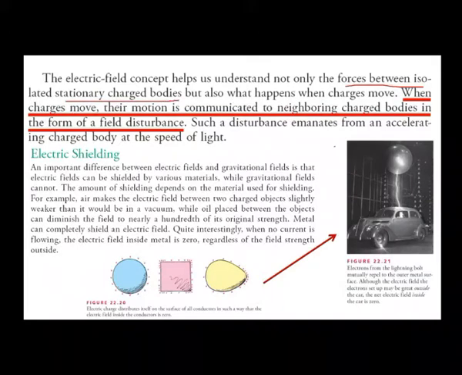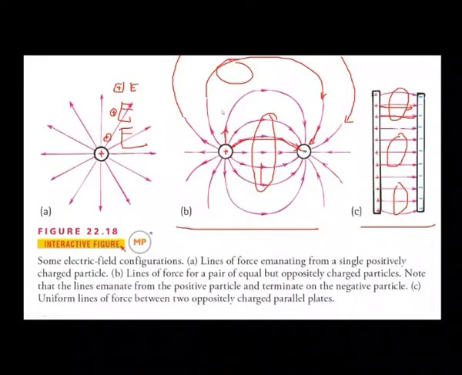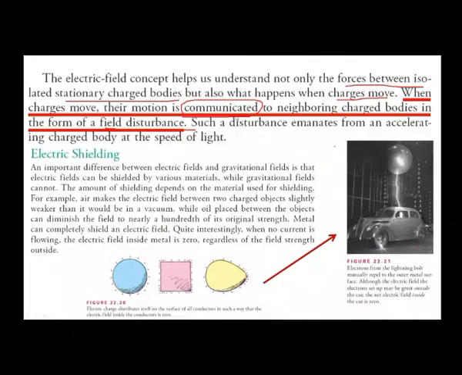Next, the electric field concept helps us understand not only the forces between isolated stationary charged bodies, but also what happens when charges move. When there is a moving charge, the movement is communicated to the neighboring charges in the form of a field disturbance. Again, a field disturbance is when its field direction changes, or there's a bending of the direction of the electric field.